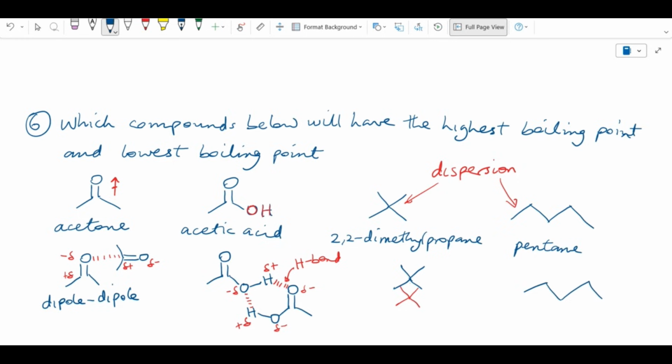Whereas for pentane, because it's linear and has no branch, you could have large dispersion interaction due to more surface area being in contact. So because of this reason, 2,2-dimethyl propane will have the lowest boiling point. Acetic acid will have the highest boiling point.